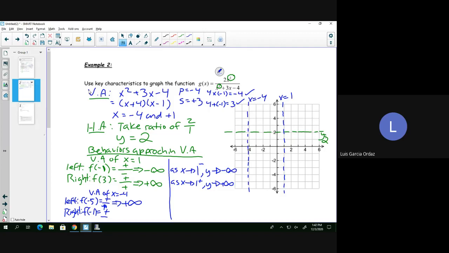Positive over negative, which means this approaches negative infinity. So now given what we concluded, we can now write our statements.